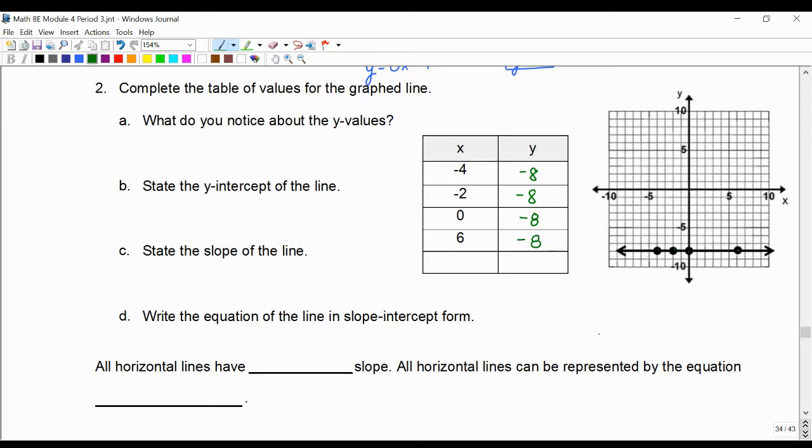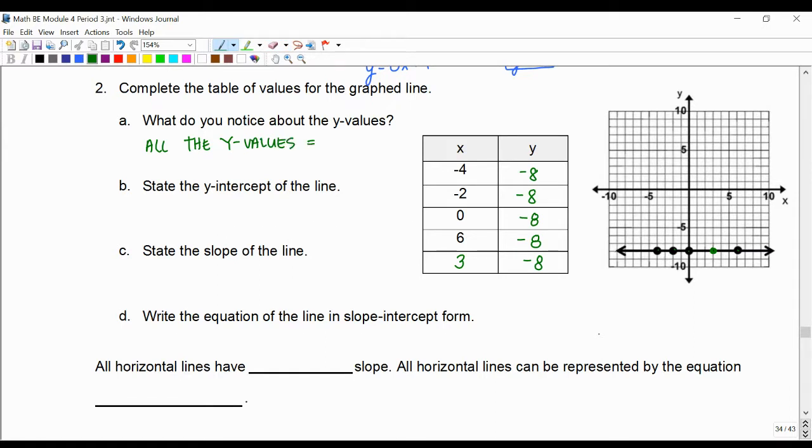We're going to pick another point, any point we want. I'm going to pick this one. Feel free to pick a different one. And this point is right 3 and down 8. What do we notice about the y values?